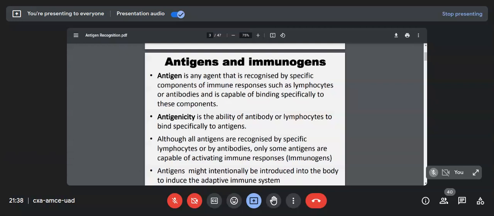So the relationship between an antigen and an immune cell, the attaching point between these two cells, is what we call antigenicity. So I'll give you a mnemonic of how I remember what an antigen is.